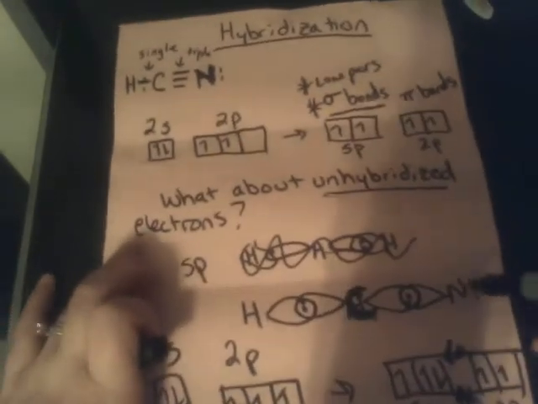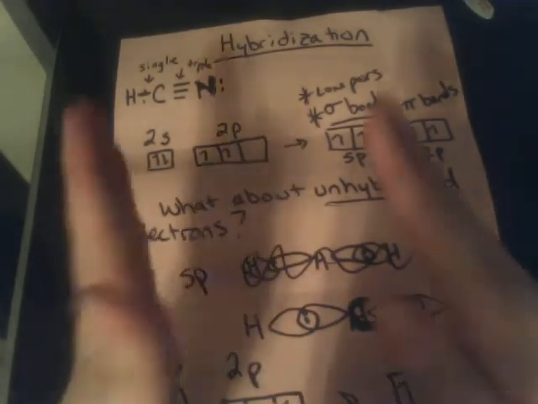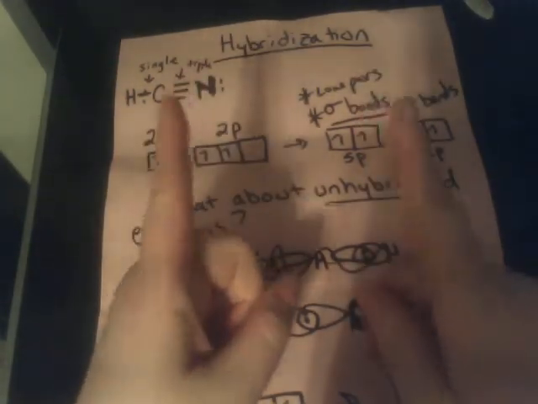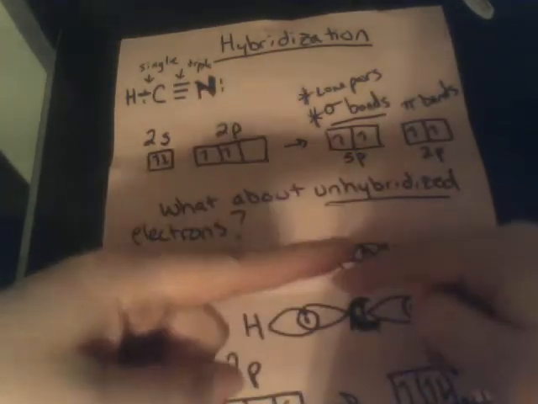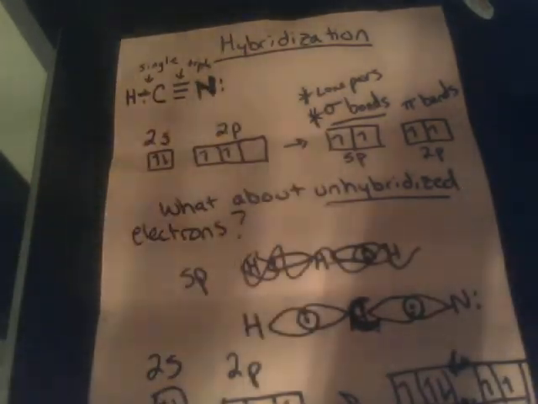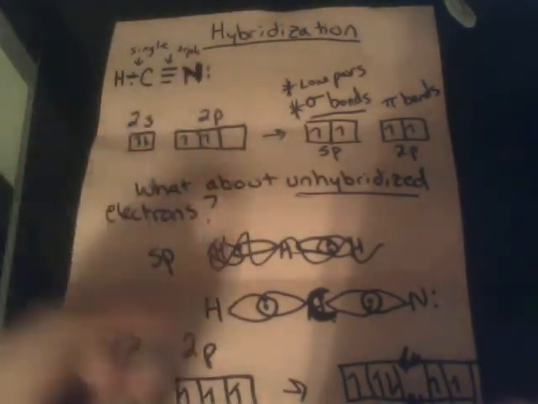So carbon has a p orbital that's unbound. So I'm going to gesture with my hands. So we have, if you look at the x, y, and z axes, right? You'll see that p orbitals, you have one p orbital going on the x, the y, and the z axis, right?